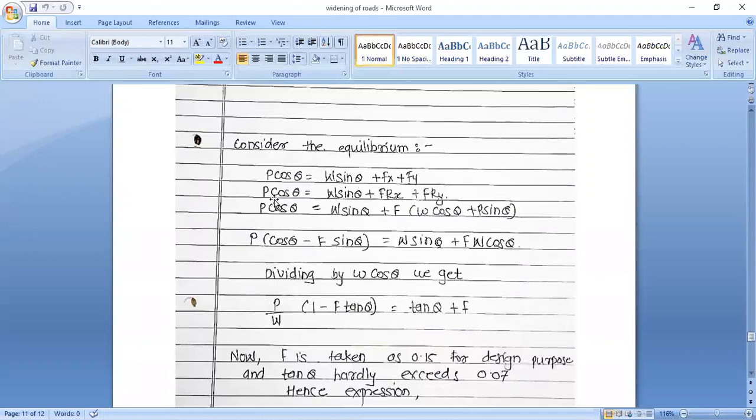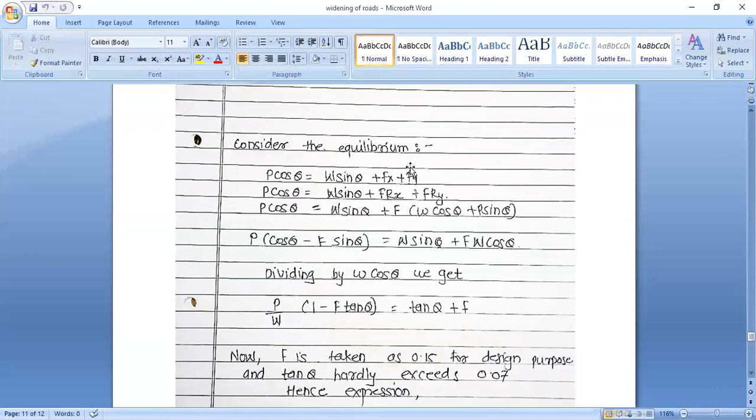Now see, P cos theta is equal to W sin theta plus Frx plus Fry. In the terms we had discussed, Fx is equal to Frx and Fy is equal to Fry. Then P cos theta is equal to W sin theta plus F, which is common, times Rx plus Ry.